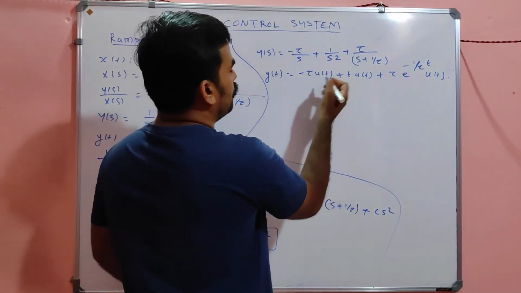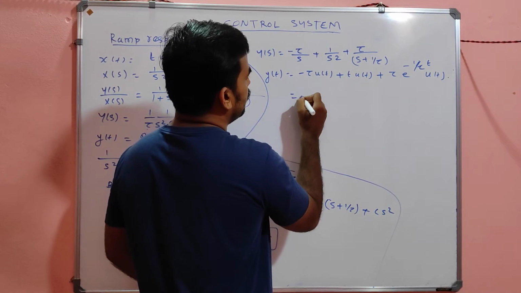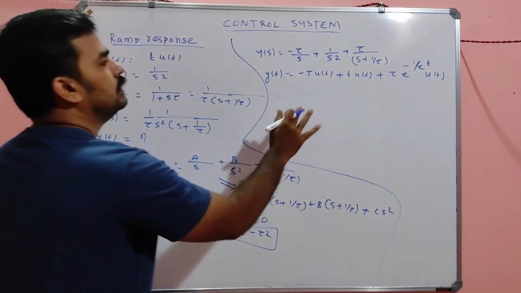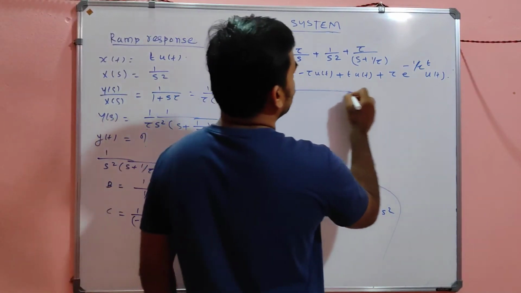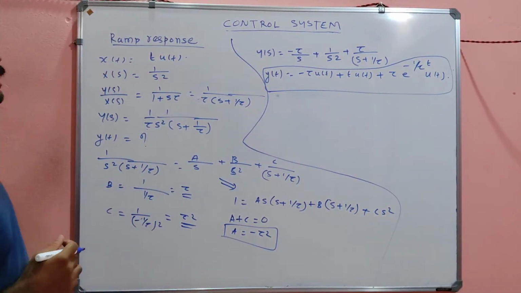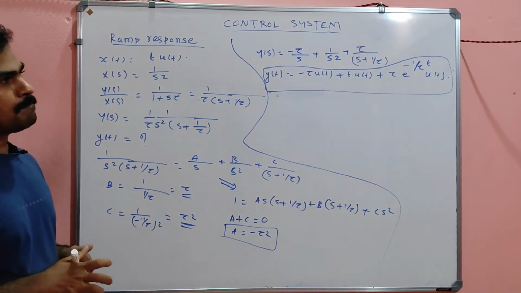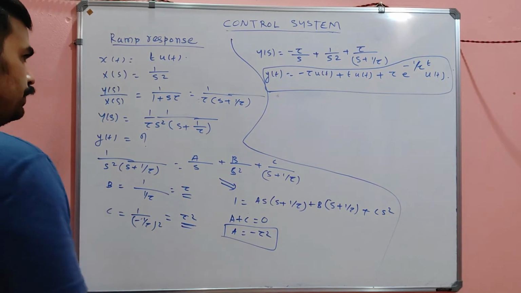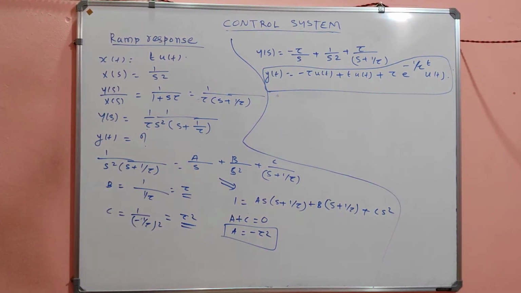Every time you have to write u of t, because we consider t greater than 0. So this is the response: minus tau u of t plus t u of t plus tau e raised to minus t by tau u of t. This is the response.